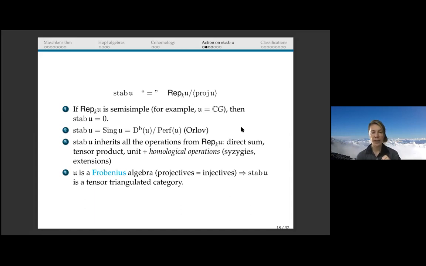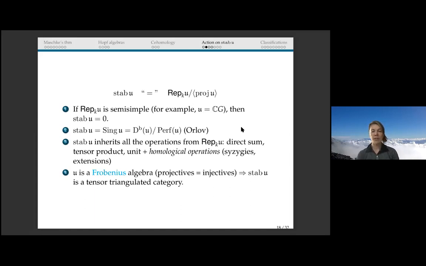Now this category inherits all the operations that we saw in the representation category. You can take sums, you can take products, you can have the unit, the trivial representation, but it also has homological operations, syzygies and extensions. I'll mention syzygy in a minute, but extensions are just extensions.